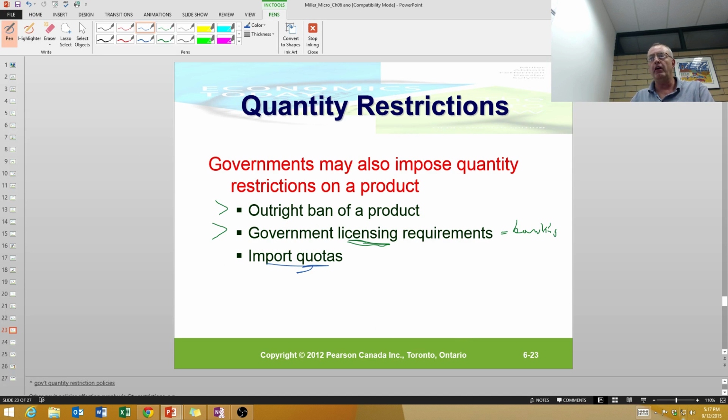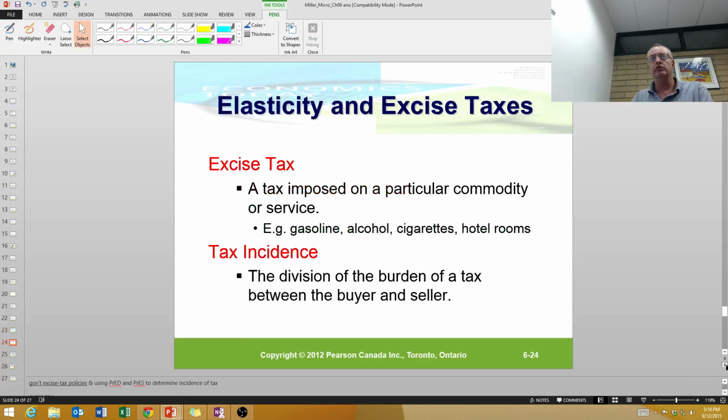But okay, so the final little section from this chapter deals with excise taxes. When an excise tax is applied to a product, which party, the buyer or the vendor, pays most of the tax? An excise tax is different from an income tax or a sales tax; it's simply a tax imposed on a particular product.